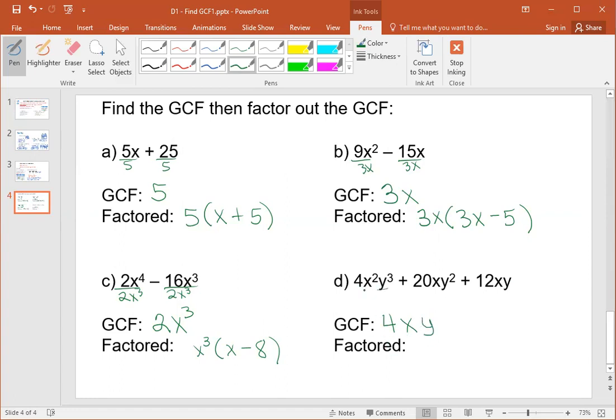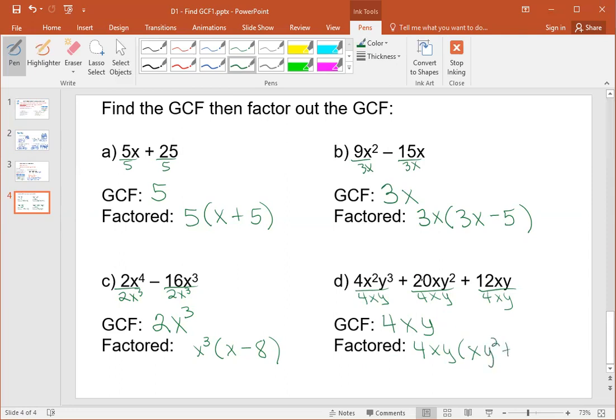Now we're going to divide all of that by each term. So my factored form is 4xy times, okay, 4 divided by 4 is 1, we don't write 1. x squared divided by x, I have 1 x left over. y cubed divided by a y, I take 1 away, I have 2 y's.